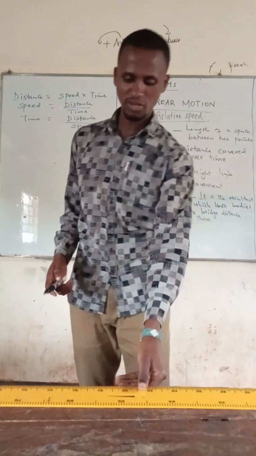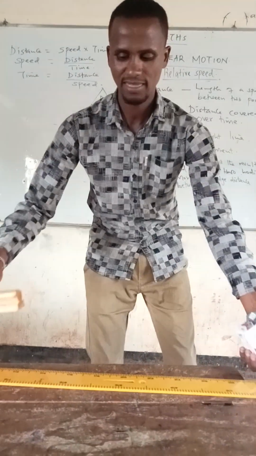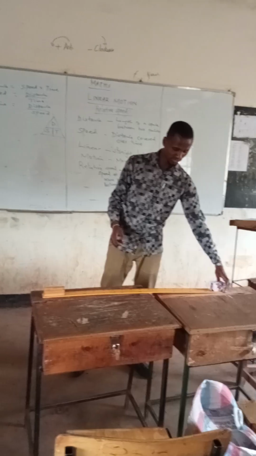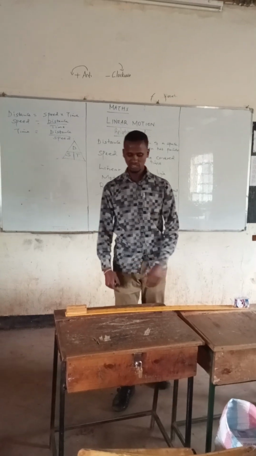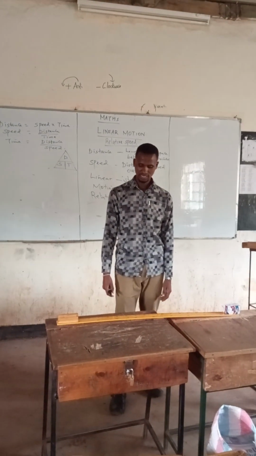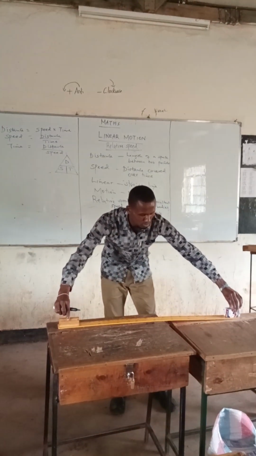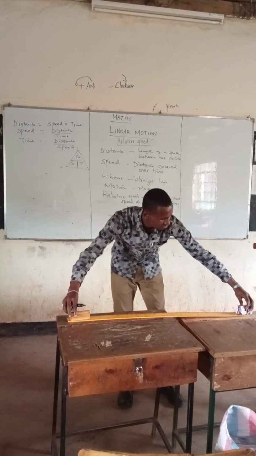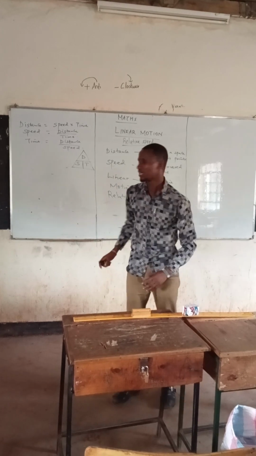For example, you have two bodies, one at this end and another at this end, and there is this distance between these bodies. It will take very little time for these bodies to meet. How does that happen?